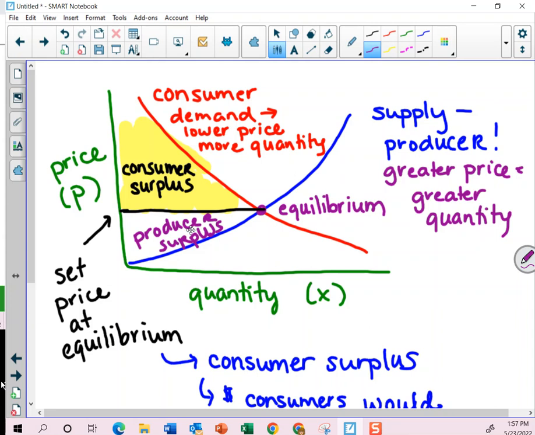Okay, so when a producer sells something at full price, let's say they're saying, we have to sell this for at least $7 to make money. So they put it out there at 15, and people buy it at 15.